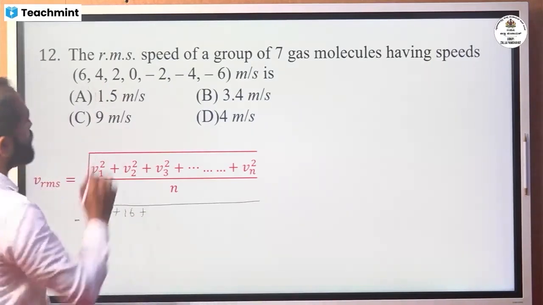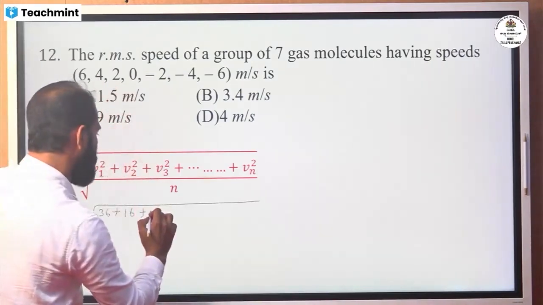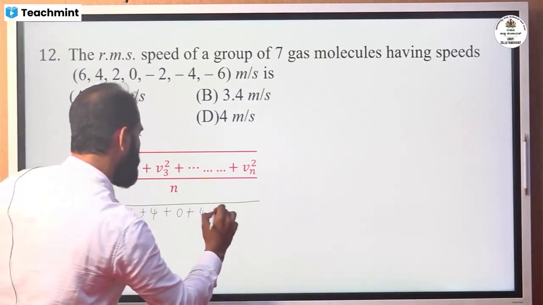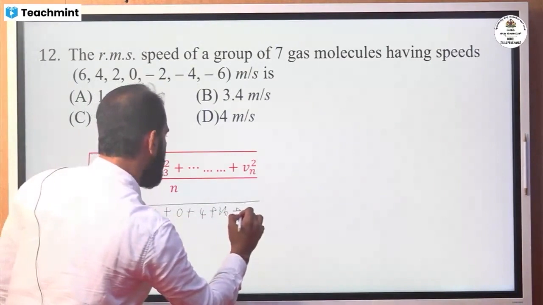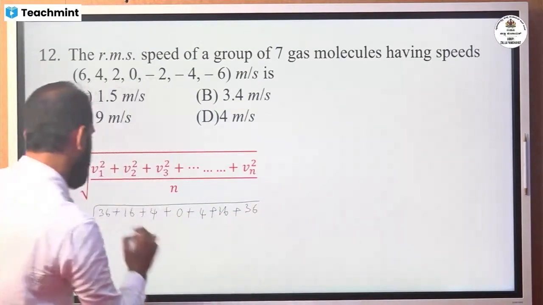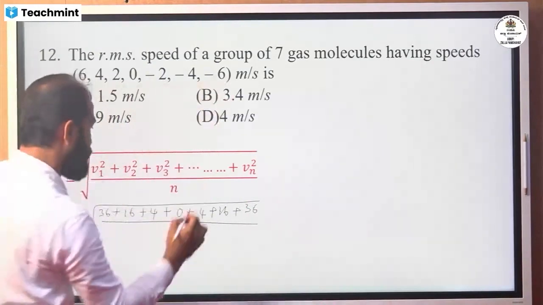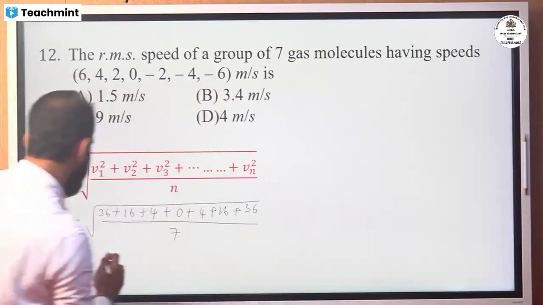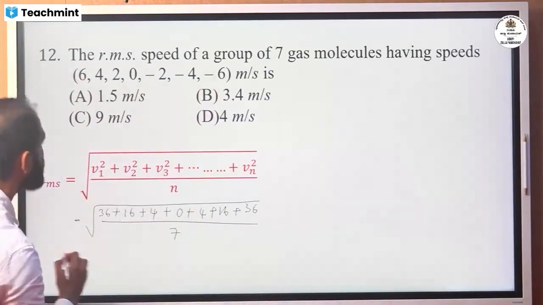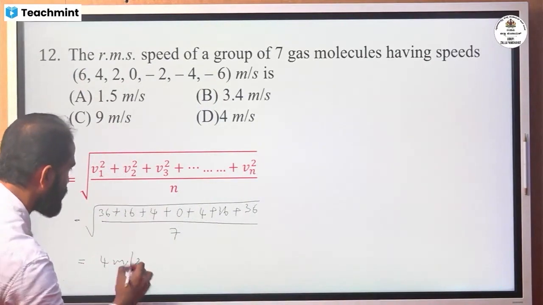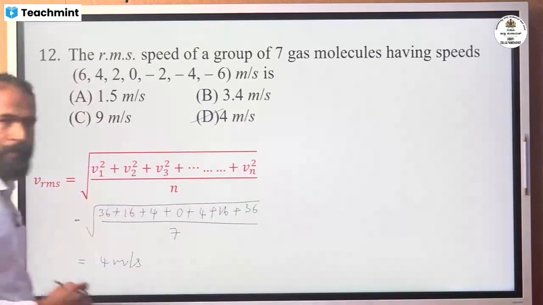Plus the third is 2. When we square it, it is going to become 4, plus 0. Similarly, 4 plus 16 plus 36. Entire thing divided by, if you count this, there are a total of 7 molecules. And when you solve this, we are going to get an answer of 4 meters per second. That is option D.